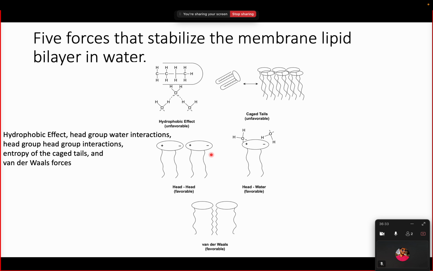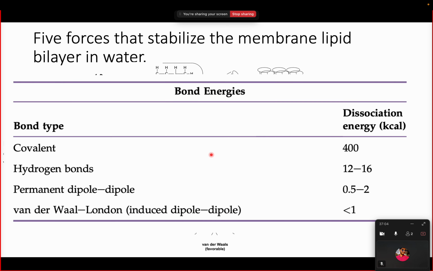Hence in membrane biology, membrane lipids in the aqueous environment are stabilized by 5 major forces. These forces are the hydrophobic effect, caged tails, the interaction because of the lipid side chains, then head-to-head interactions which are polar in nature, then head-water interactions which are again a kind of polar interaction, and then van der Waals interactions.